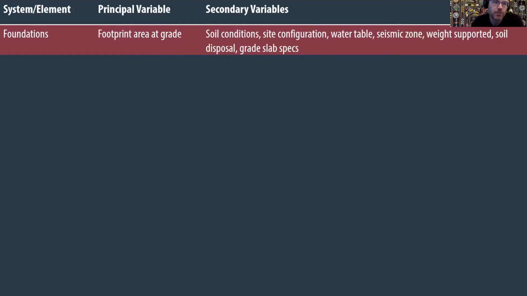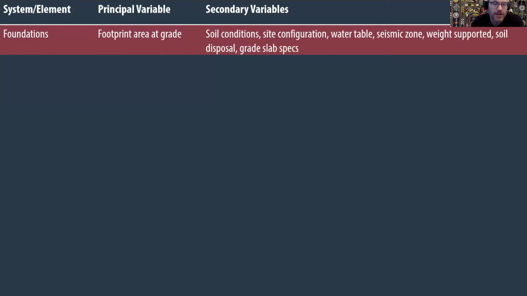But there are other variables like soil conditions, site configuration, the water table, and the seismic zone you're in, because that of course would influence what kind of concrete you'd have to have in your foundations. The weight that's supported, the soil disposal when you excavate, and the type of grade slab, the slab that would sit on top of that for your floor.